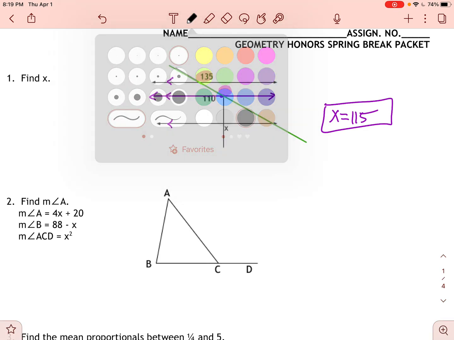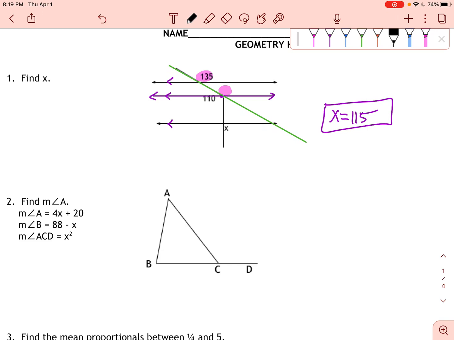So therefore, let me get my favorite colors. The 135 is going to go right down here. And of course, if that's 135, then next to it, I have my windshield wiper angle. So if that's 135, then we know how big the angle next to it would be, which is 45 degrees. Okay, so that's the 135 and that's the 45.